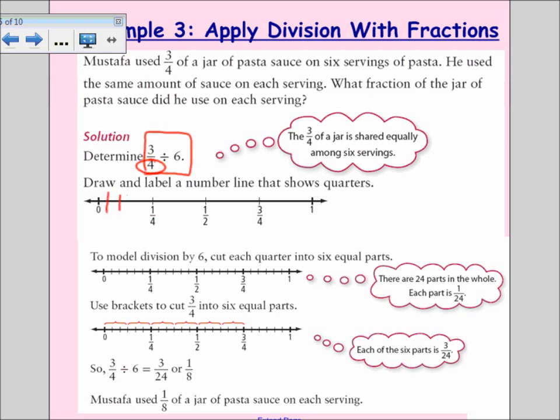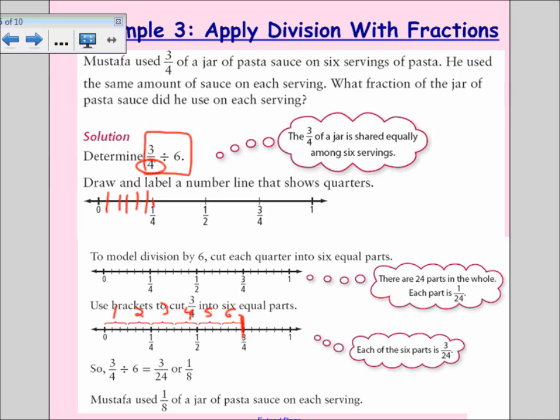So 1, 2, 3, 4, 5, and there's 6. To model division by 6, cut each quarter into 6 equal parts. We're doing 3, so we go up to 3, and we cut those into 6 equal parts. So there's 1, 2, 3, 4, 5, and 6 equal parts.